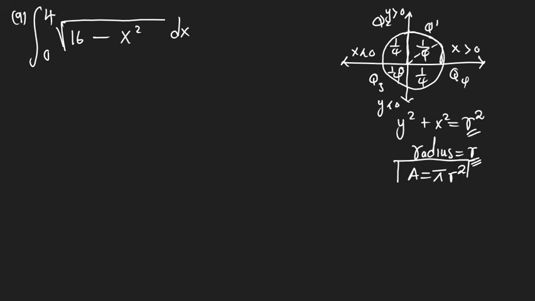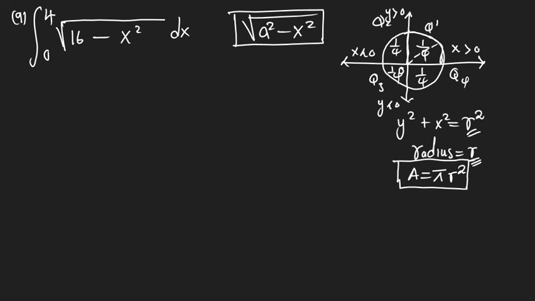So for questions which are going to have a root, or let me just say for questions which are going to have this particular form, a squared minus x power 2, use circle geometry. It becomes very simple. The first thing you do is take whatever is inside here and equate it to y.